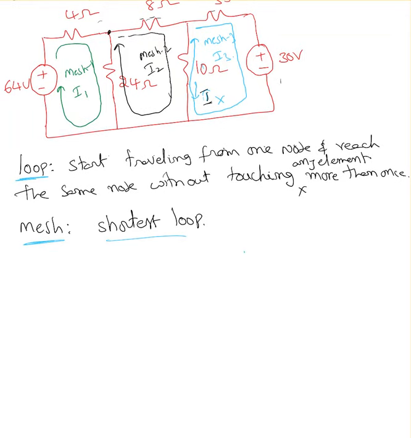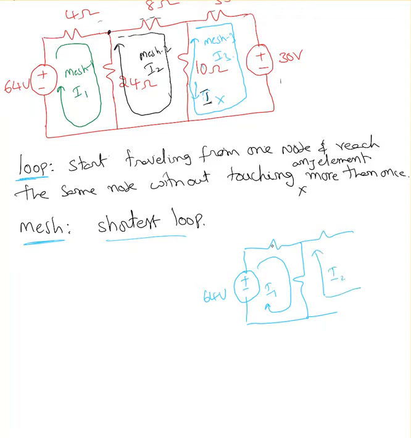Now if you look at loop 1, I'm going to redraw loop 1. These are the 3 elements. We have 64 volts. I'm saying there is I1 current passing through this, but at the same time there is I2 current passing here.